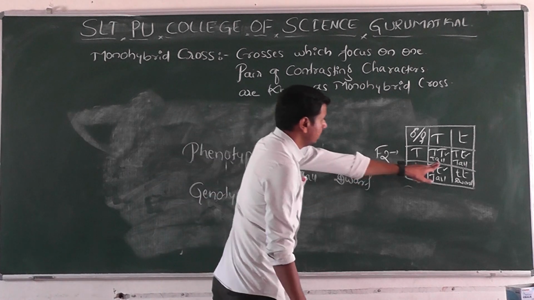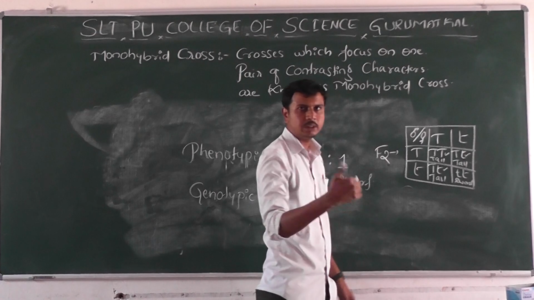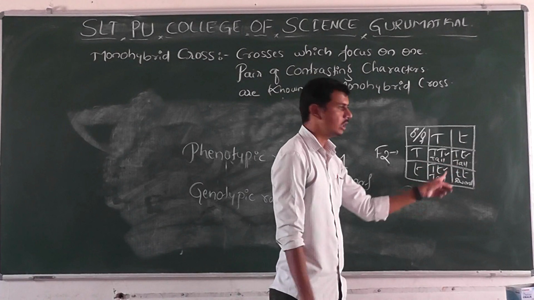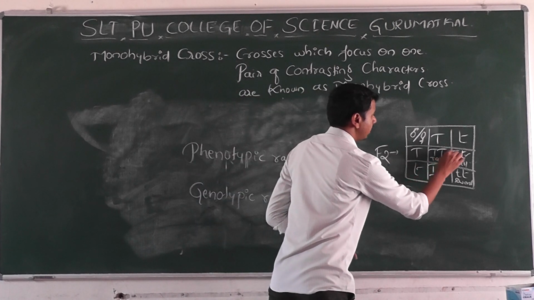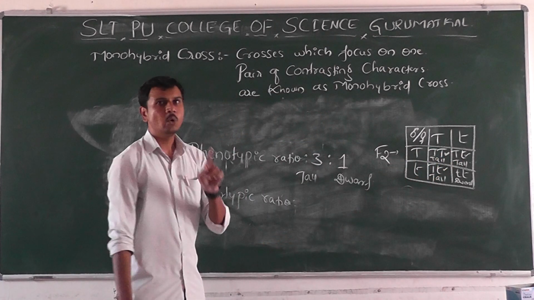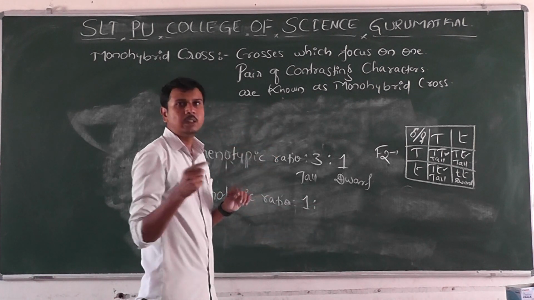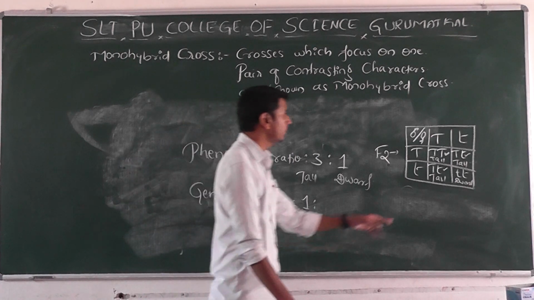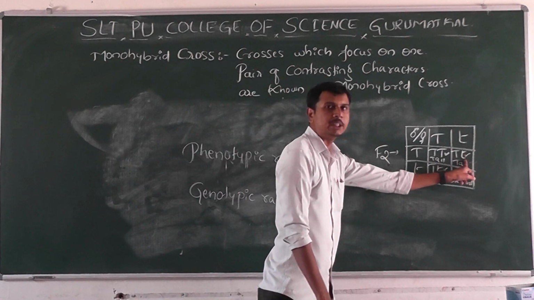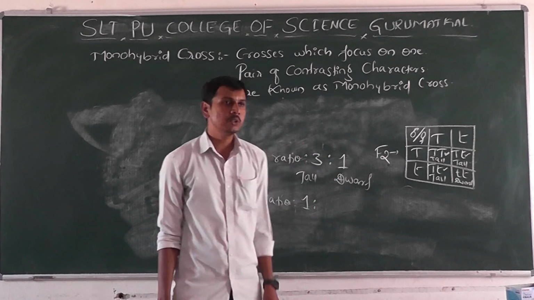You can see how many capital T are present. If there are similar genes, capital T, that means it is a homozygous tall. Homozygous tall is 1, and it is a tall plant, but with different types of genes here, you can see the capital T, small t. That means it has heterozygous genes.